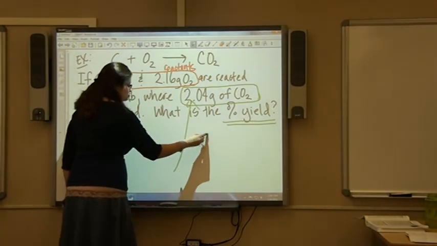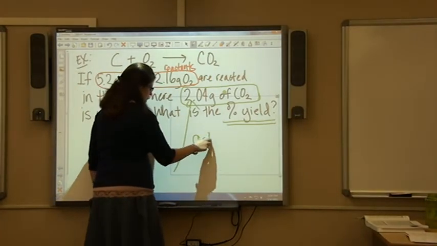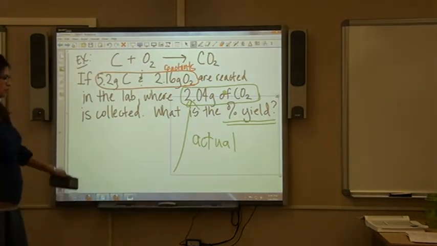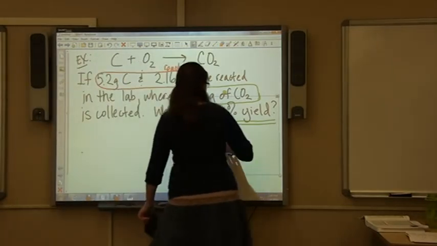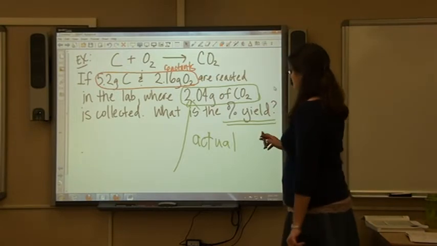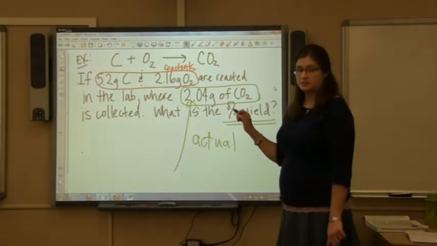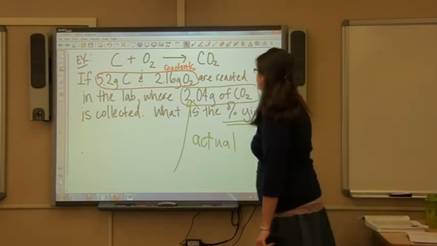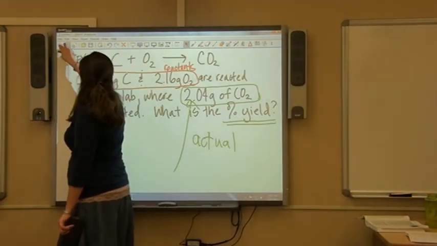How do you know that? This is the amount that we are obtaining in the lab. Therefore, that's our actual yield. So that's 2.04 grams.